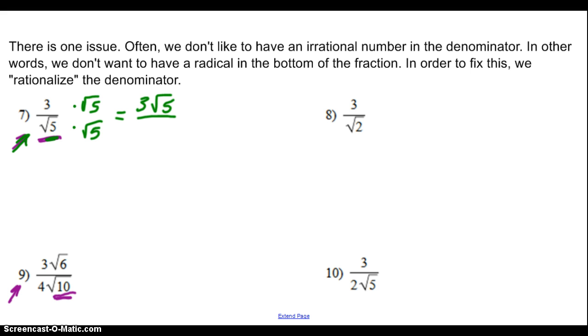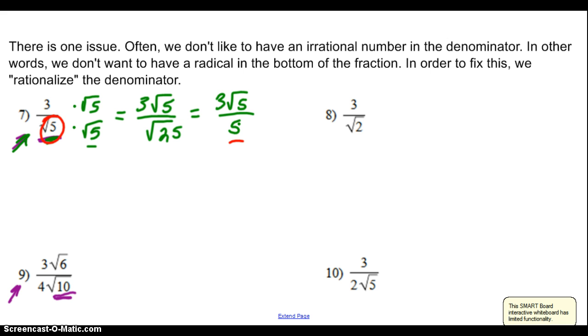And square root of 5 times the square root of 5 is the square root of 25. And we know that the square root of 25 is just 5, so we could write this as 3 square root of 5 over 5. And look, we started with a square root in our denominator, but we've ended with no square roots in our denominator. And that's called rationalizing the denominator.